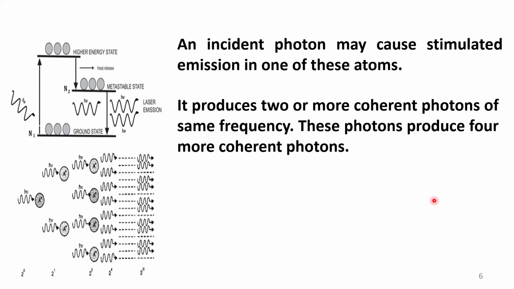When these two coherent photons interact with another two atoms in the metastable state, it again produces four coherent photons, and in this way there is a multiplication, or amplification, of the photons, and these photons are radiated along the same direction, with the same frequency as the incident photons.